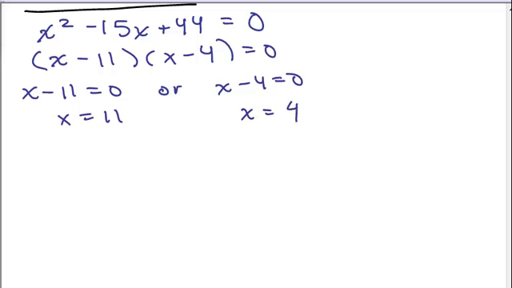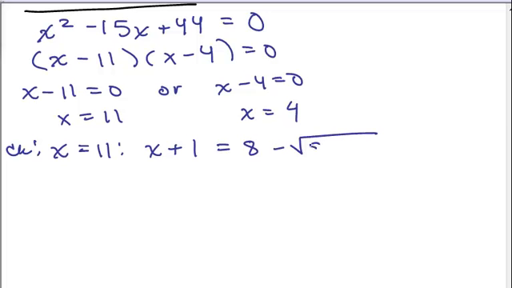But you need to check this in the original equation. So we need to check both of these in the original equation. So first let's check x equals 11. And the original equation was x plus 1 equals 8 minus the square root of x plus 5.